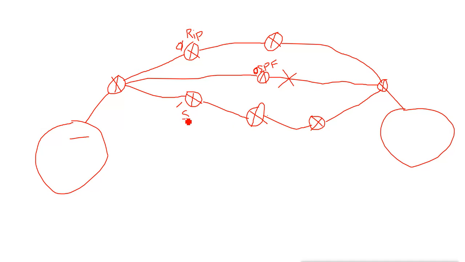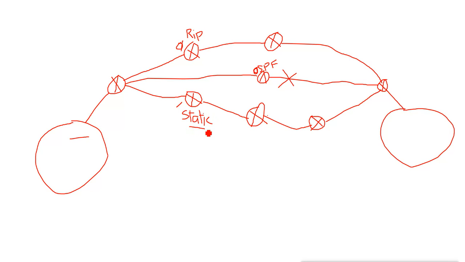We configure static routing for a backup. For a backup, that means if suppose the main network is not available, then automatically the router will take this static path. So I configure it statically here, this path.